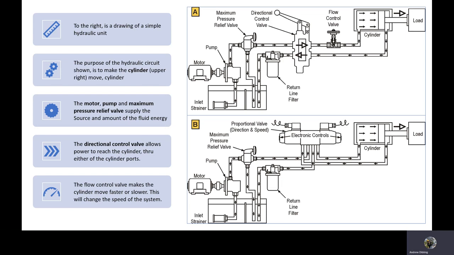Now, in this particular situation down here, you'll notice that there is no flow control valve. The reason is these are electronic proportional valves. These valves are designed to limit flow by how much they are opened, and they have adjustment screws on them, so you can adjust the amount of maximum flow through the cylinder.